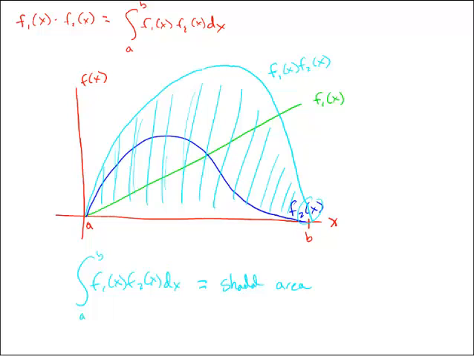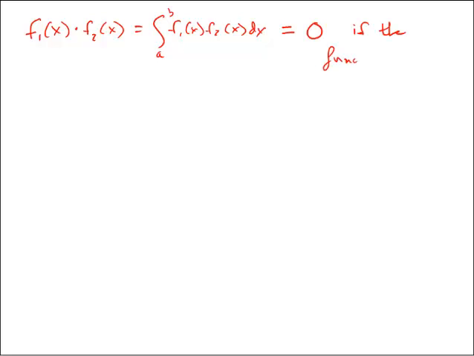What if two functions don't overlap at all? If two functions don't overlap at all, then their dot product, that's the integral from a to b, f1 of x, f2 of x dx, will be 0.